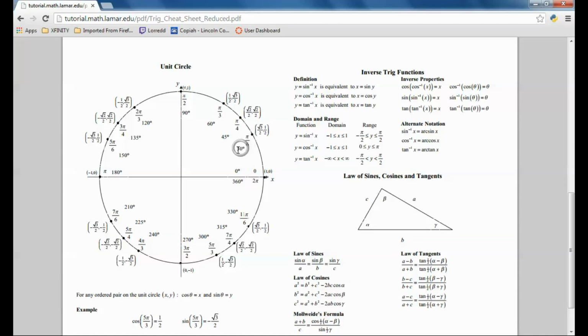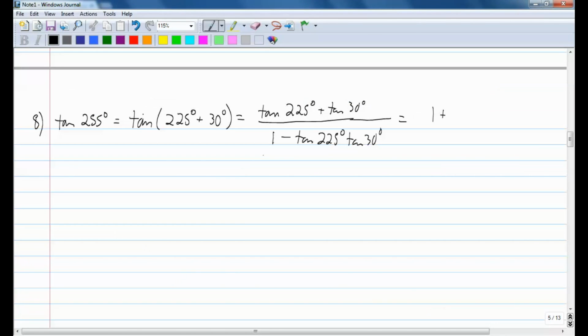Again, here's 30 degrees on the unit circle. It's y over x. So 1/2 divided by square root of 3 over 2. That would be 1 over the square root of 3, or square root of 3 over 3. Okay? And that's over 1 minus tangent of 225 is 1 times tangent of 30, square root of 3 over 3.